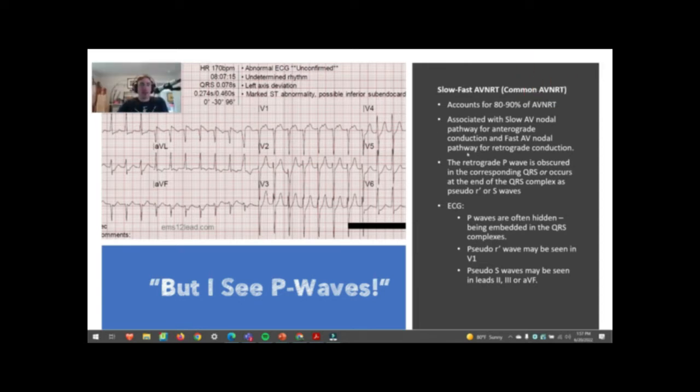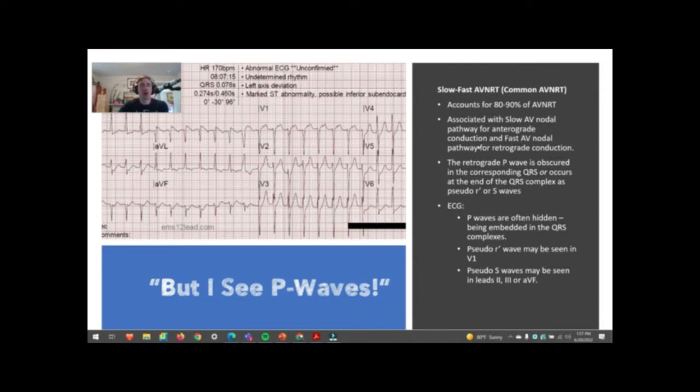With the common form, you don't generally see the P waves, but there are certain types of AV nodal reentrant tachycardia, depending on how it's traveling, where it's coming from, down those two different pathways. You may see them, but they're not going to be before the QRS. They'll be immediately after. You'll see those little blips like you see in V1.